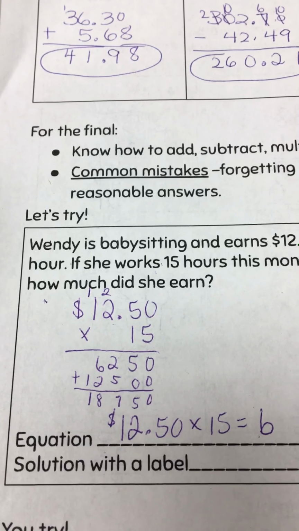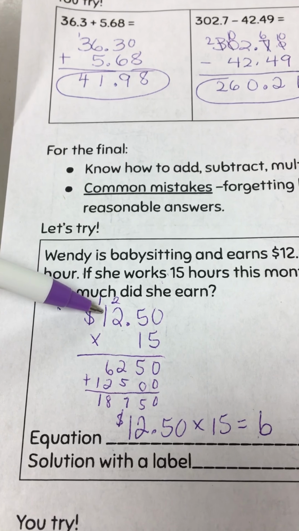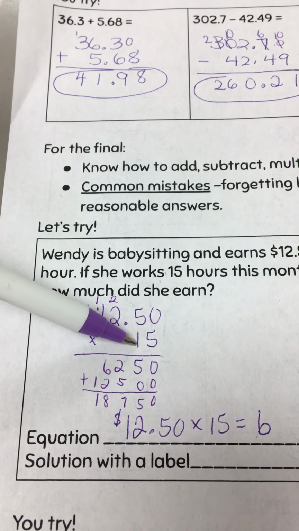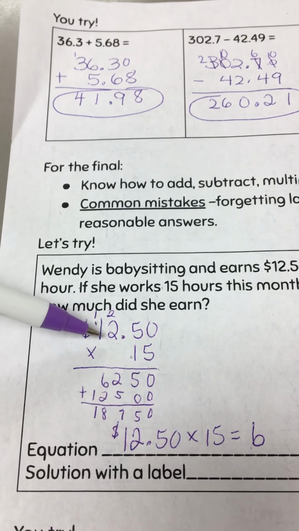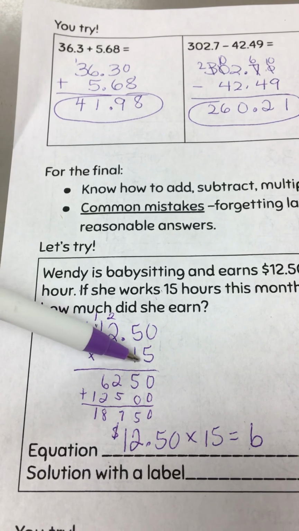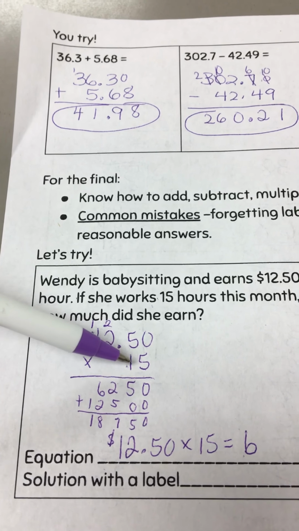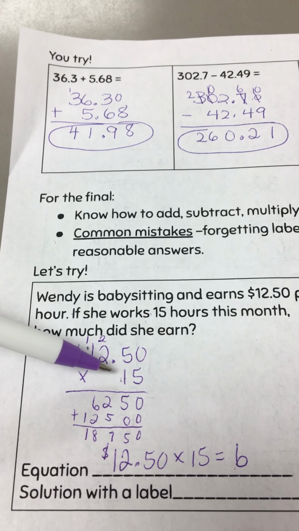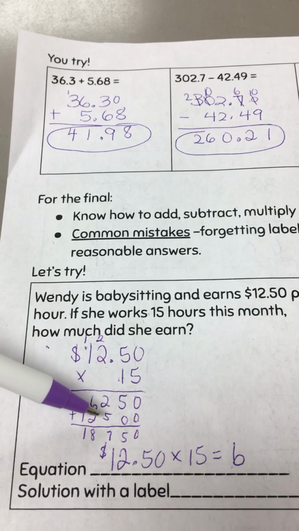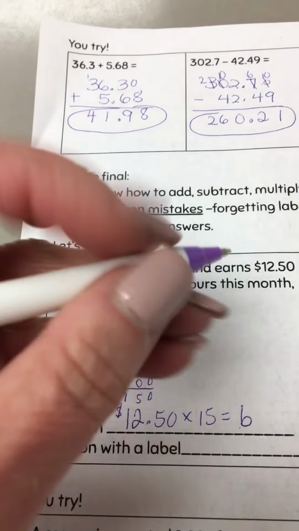So I have to think about what makes sense for money, okay? So first of all, I have a 12 here and I have a 15 here, and those are both whole numbers. So I would do like 12 times 15. If I want to just make it easy, I could say what's 10 times 10, and that's 100. So if I did 20 times 20, that would be 400, which would be a little bit more. But I know my answer has to be reasonable, and I know that money always ends with 2 digits on the end.